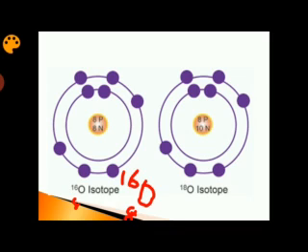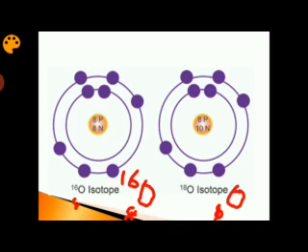How many neutrons are there in an oxygen 18 isotope? Its number of protons is still 8. Its chemical symbol is O itself, because if the bottom number, the atomic number, is the same, then the chemical symbol will also be the same.